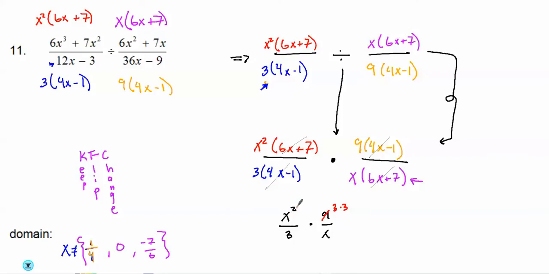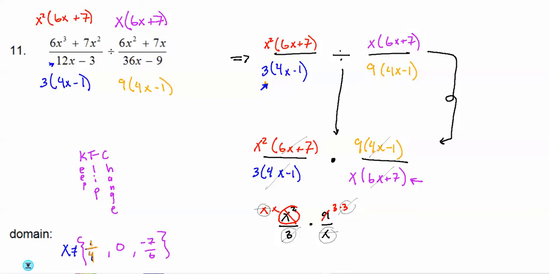This x here is really x times x. This x will cancel out only one of these. This 3 is going to cancel out one of these.